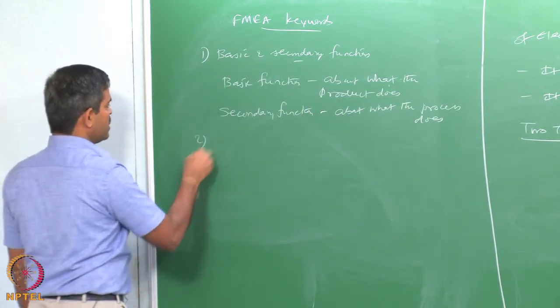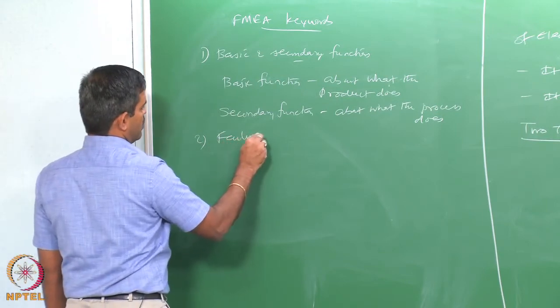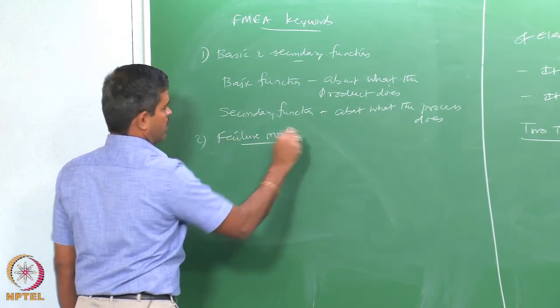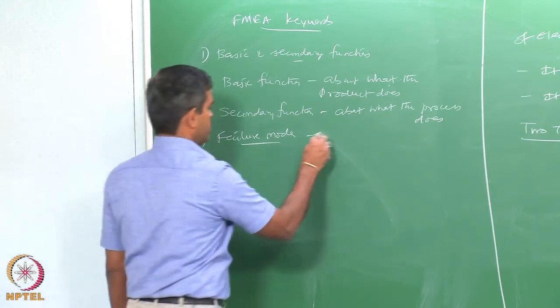The second definition which is required in FMEA keywords is the failure mode. Failure mode is the physical description of a failure.